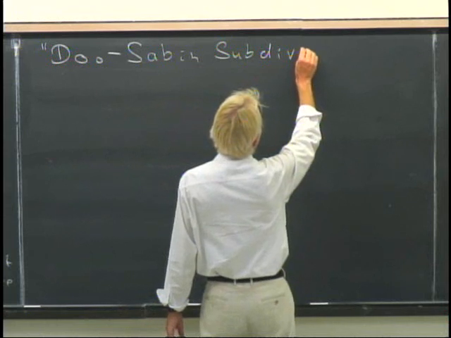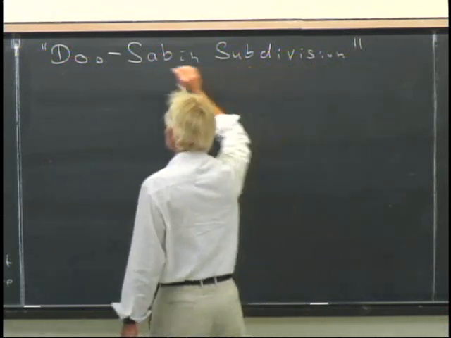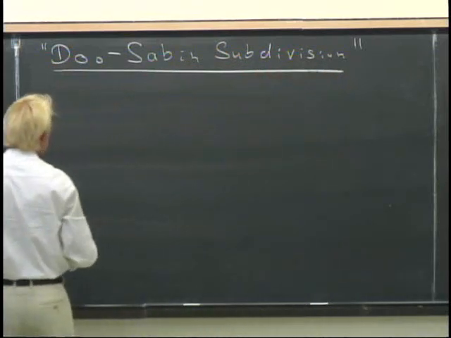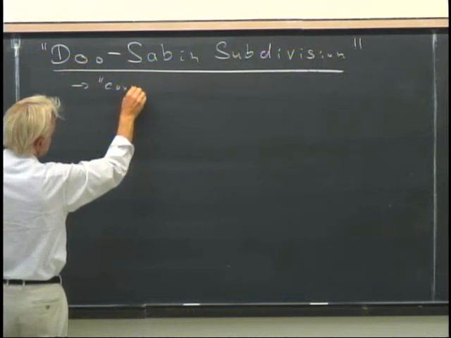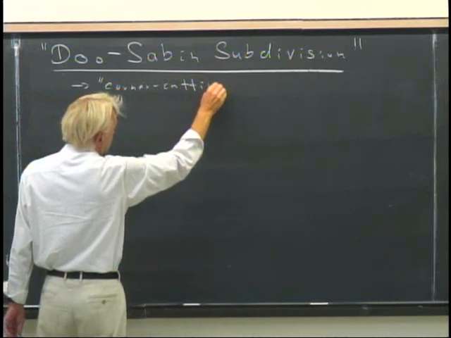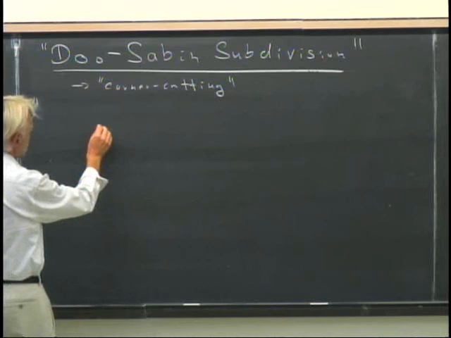Subdivision is good. So it's also called corner cutting, corner cutting plus edge cutting. So how does this work?